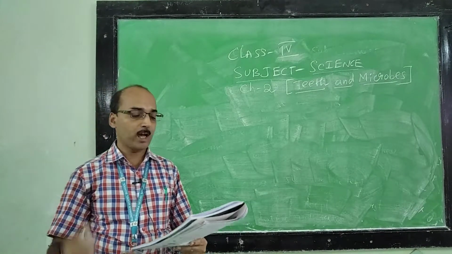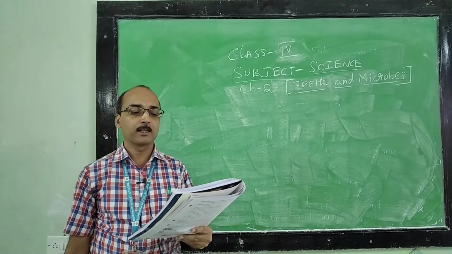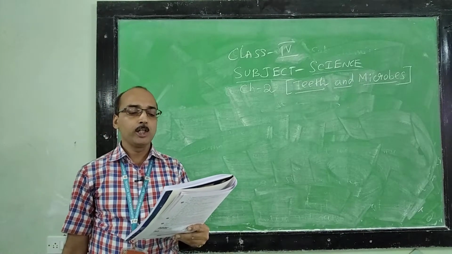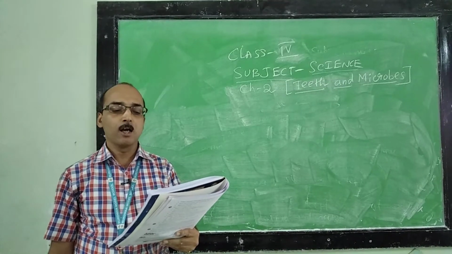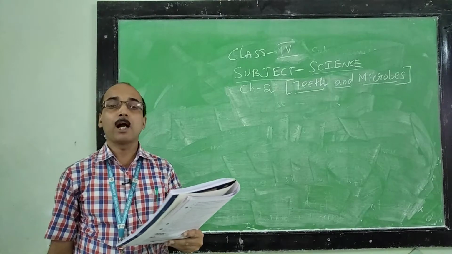By the age of 6, a child starts losing the milk teeth one by one. As the milk teeth fall, new teeth grow in their places from the gums. This new set of teeth is called permanent teeth.